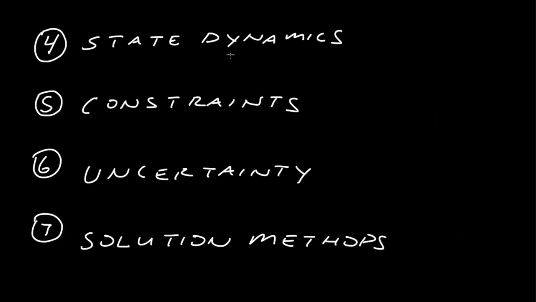Number 4 is stating the dynamics of the system, and we're not going to really cover that so much in this module, but I think it's worth mentioning. So we know that nature is really dynamic. It's not a static entity, and we know that landscapes change, and so capturing that amount of change can help us make better decisions at the beginning about which reserves to include in a network.